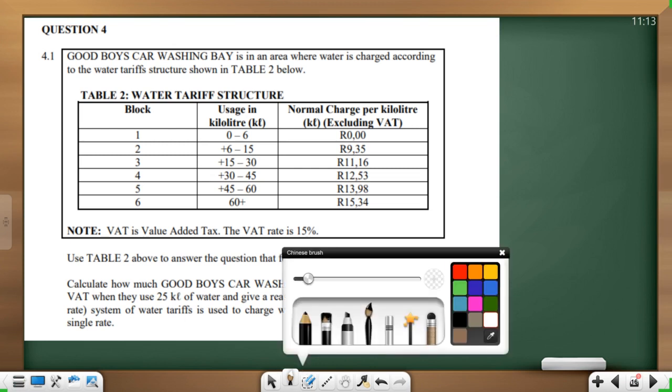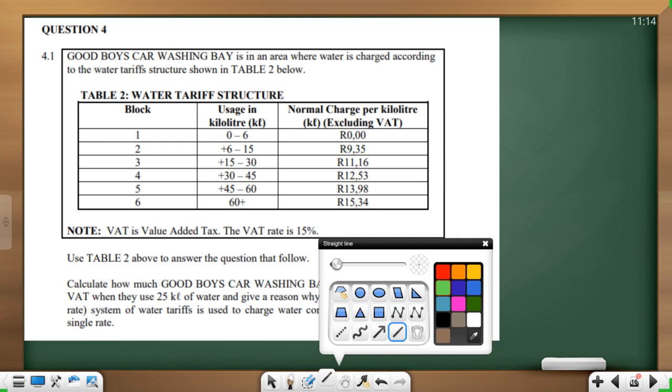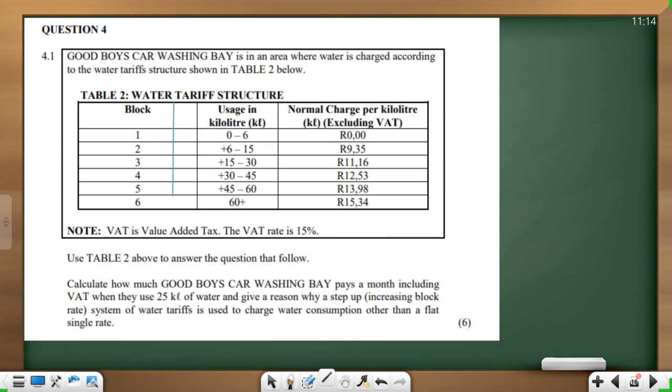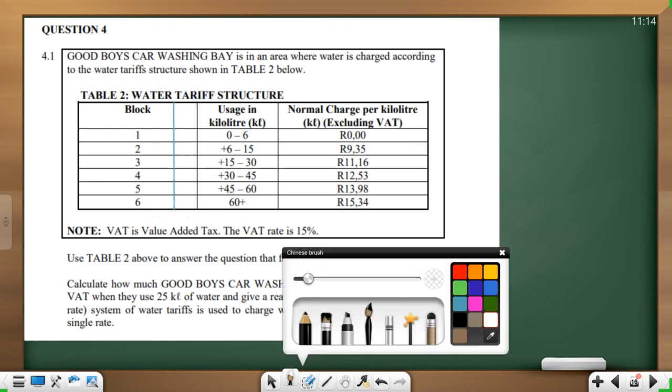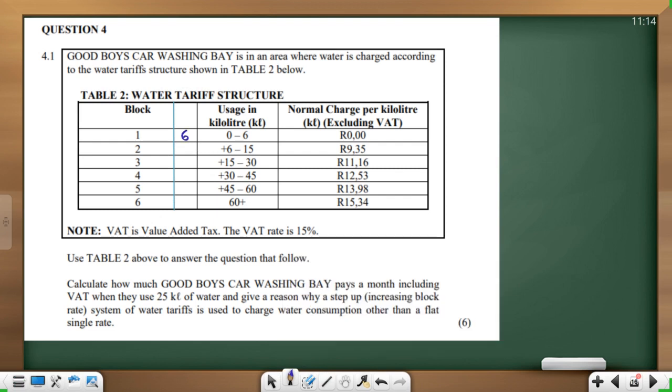In block 1, so this is what you do. You just take a pencil, rule a line for yourself there. In block 1, we can only use 6. 6 minus 0, 6. In block 2, 15 minus 6 would give us what? 9.